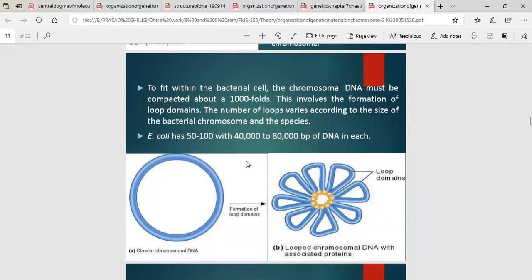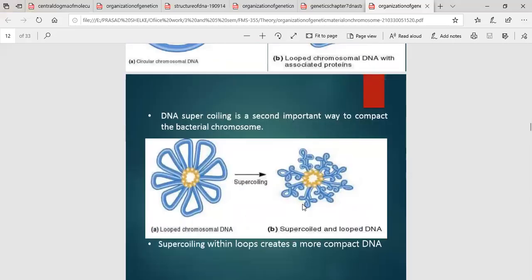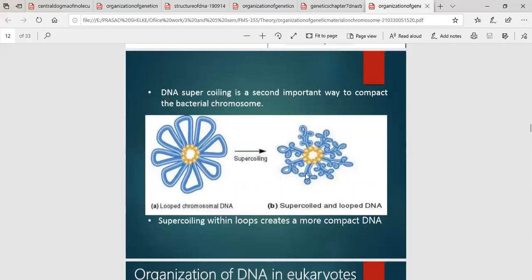There is also supercoiled looped DNA. You can see that this compacting or supercoiling is a feature of genetic material in an organism. In all individuals, this genetic material is supercoiled.